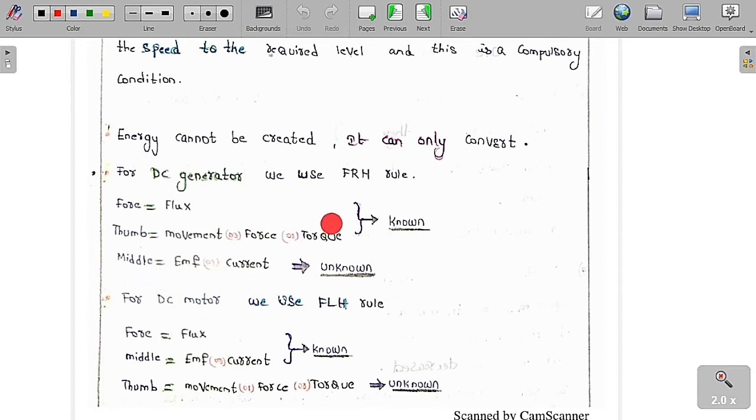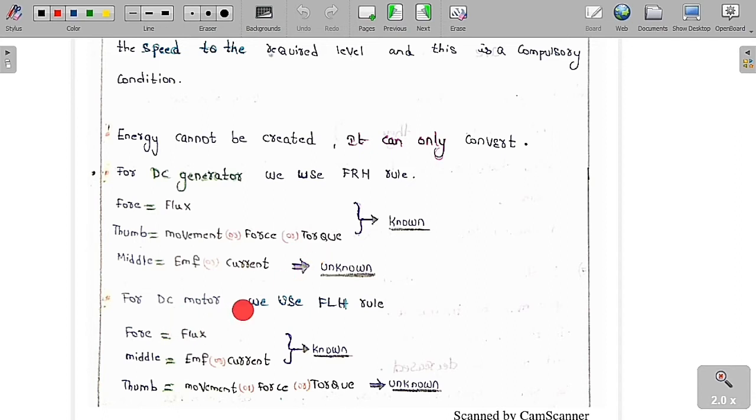In a generator, we know the direction of the flux and the direction of the mechanical torque, but we don't know the direction of the EMF or current induced in the wires. We can figure this out with the help of the Fleming right hand rule. So these two are known quantities, and this is the unknown quantity. Here the thumb is the mechanical torque direction.